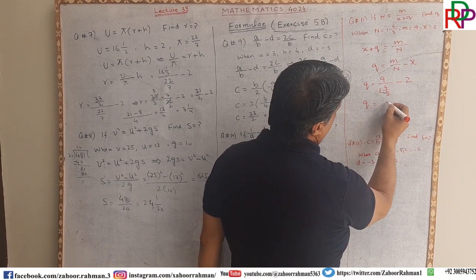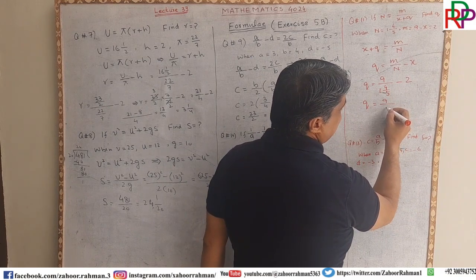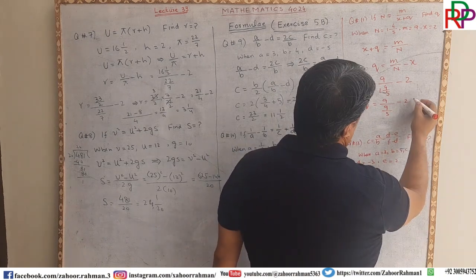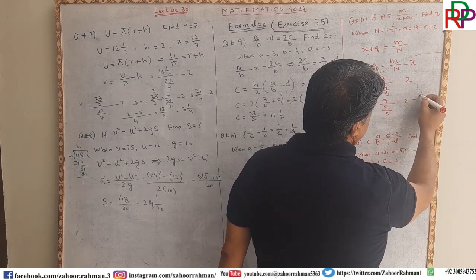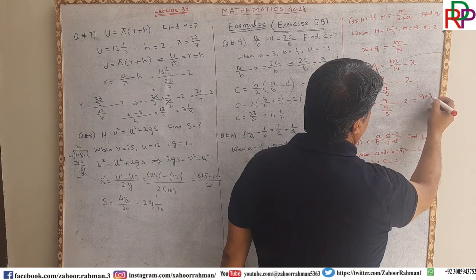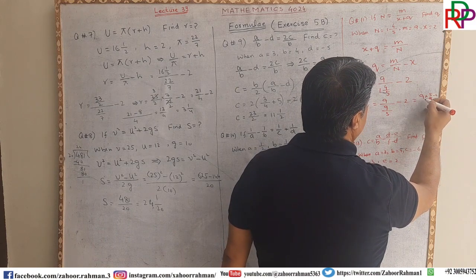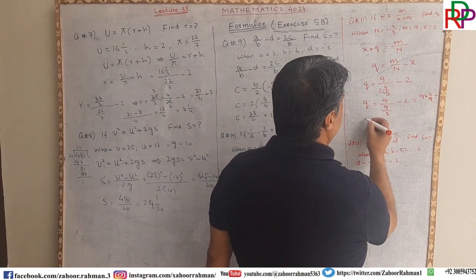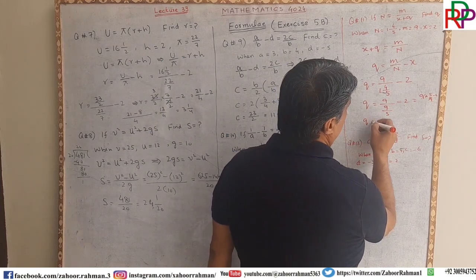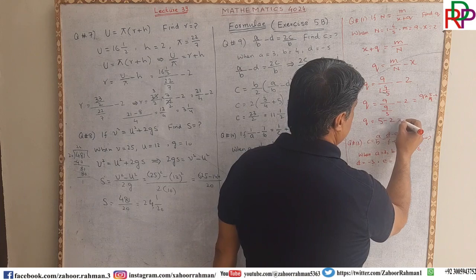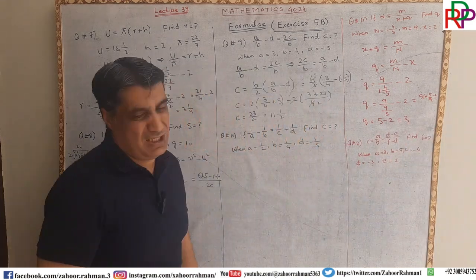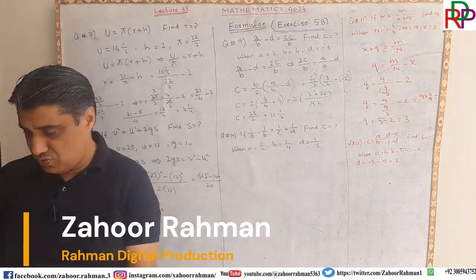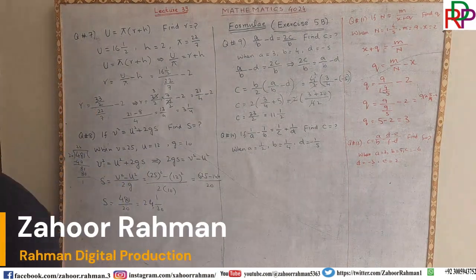Q is equal to 9 divided by 9 over 5 minus 2, which is equal to 9 multiplied by 5 divided by 9 minus 2. 9 will be cancelled with this 9, and q is equal to 5 minus 2, which is equal to 3. So 3 will be the ultimate answer of this question number 11.